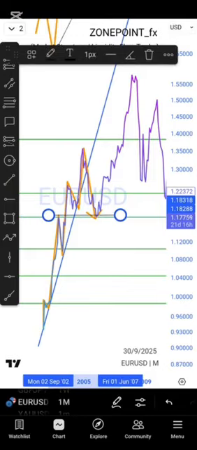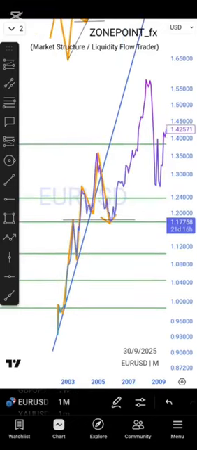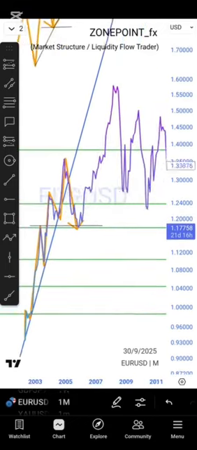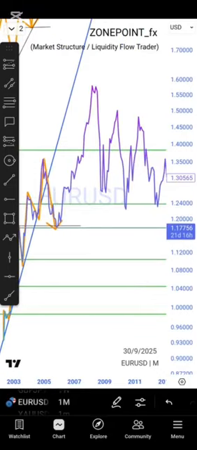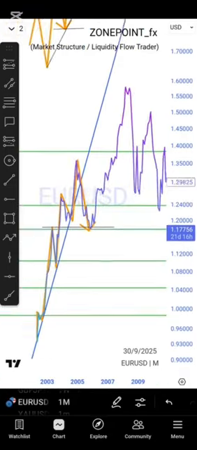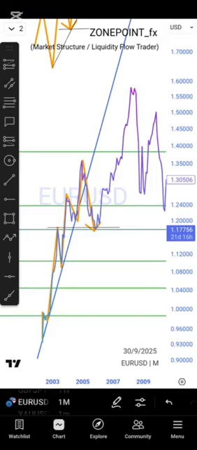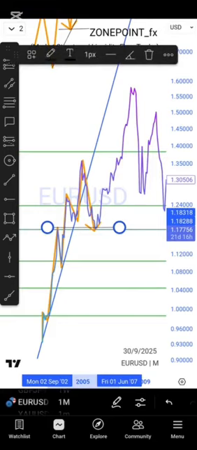Let's just assume we are starting the analysis from the beginning of this chart. We have not seen this previous thing that is forming here. This is what price used. Hope you get me. So now let me just delete this.